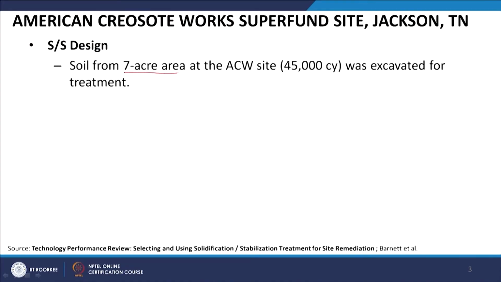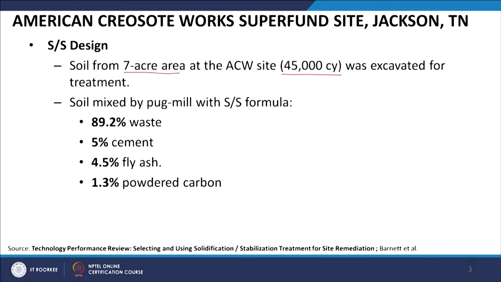So 7 acres, and as we mentioned earlier 50,000 cubic yards, and option C where they chose cement, fly ash and activated carbon. As we saw, cement and fly ash at almost the same fractions, and a considerable fraction of powdered carbon, but obviously as you see here, 90% of the final matrix is made up of the waste itself, right.